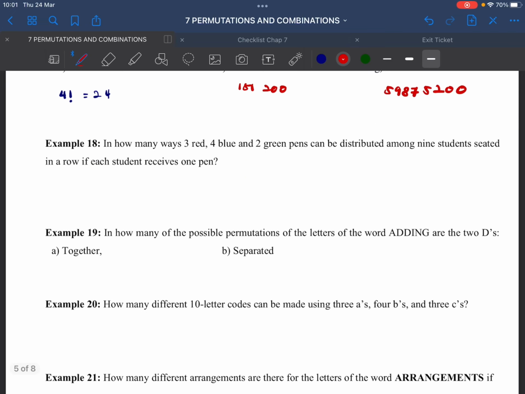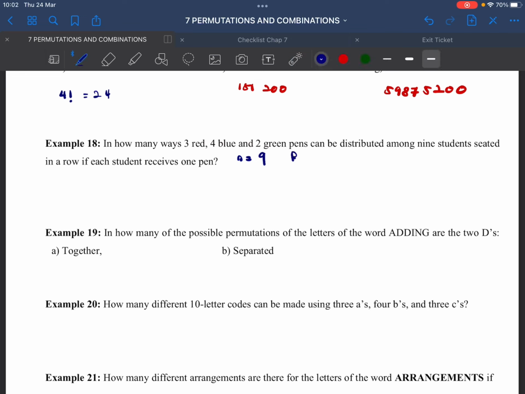Okay, let's see. Example 18. In how many ways 3 red, 4 blue and 2 green pens can be distributed among 9 students seated in a row if each student receive 1 pen? So the repeated object yang sama sebenarnya, ada 4 blue, 3 red, 2 green pens. So what do you have is n is equals to 3 tambah 4 tambah 2, that's gonna be 9. Okay, total pen is 9.